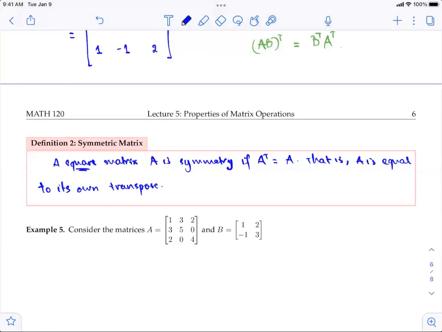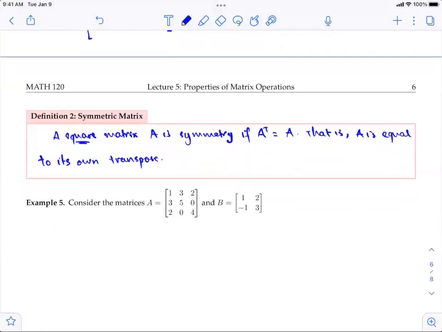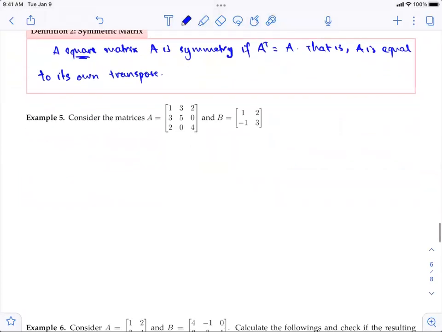Okay. So in the next example, we're going to write down the transpose of matrix A and matrix B and see if the transpose is equal to the given matrices or not. So you can see that for A transpose, rows become columns, columns become rows.